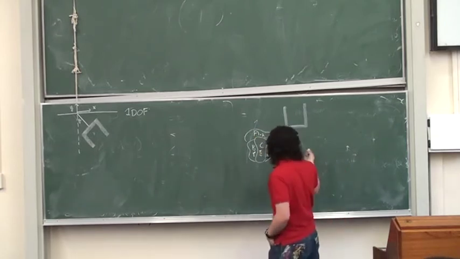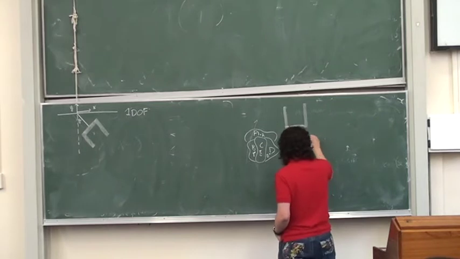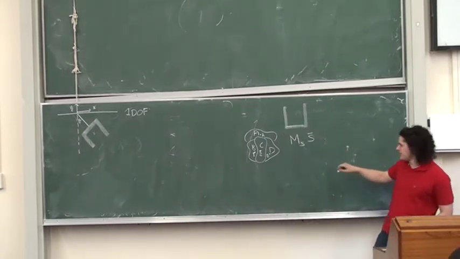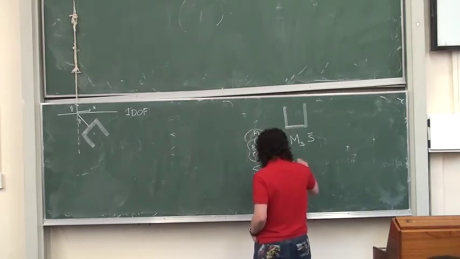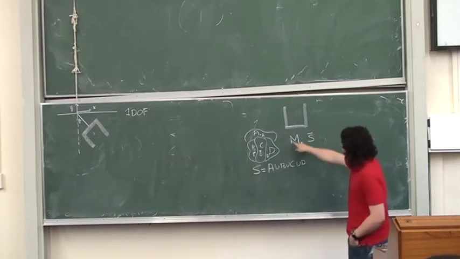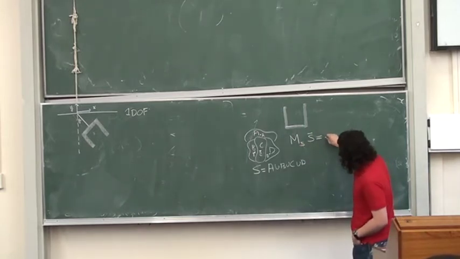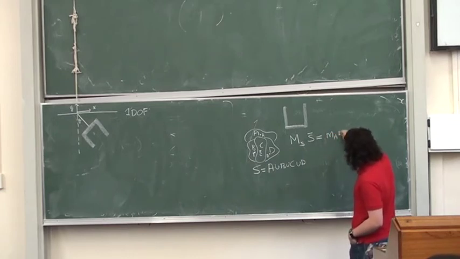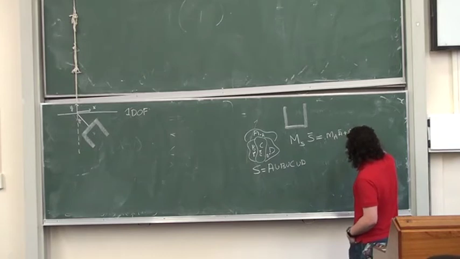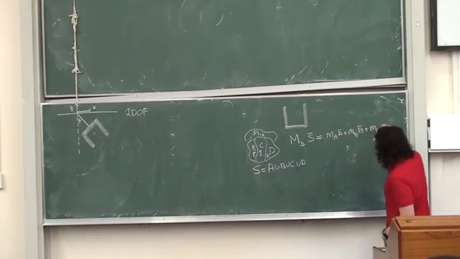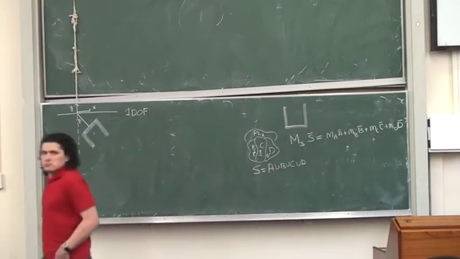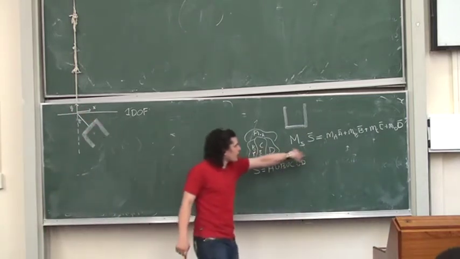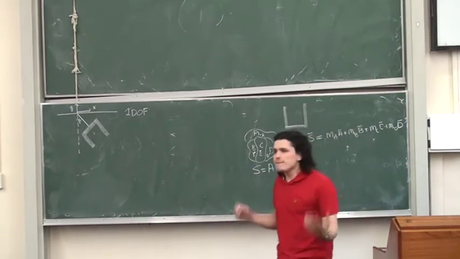Then the mass of the whole system times the center of mass of the whole system. If I call the whole system S, being equal to A union B union C union D, then the mass of S times the center of mass of S is equal to the mass of A times the center of mass of A, plus the mass of B times the center of mass of B, plus the mass of C times the center of mass of C, plus the mass of D times the center of mass of D. This is for four things, but it works for any number of things.